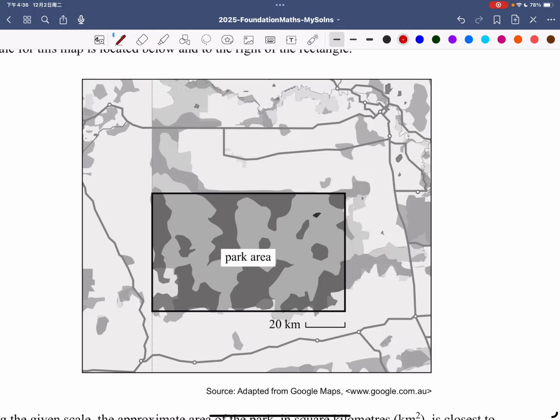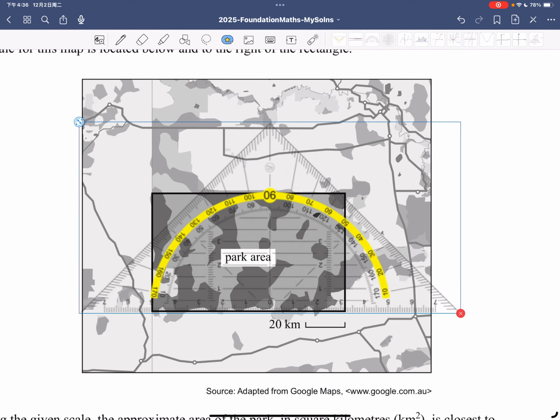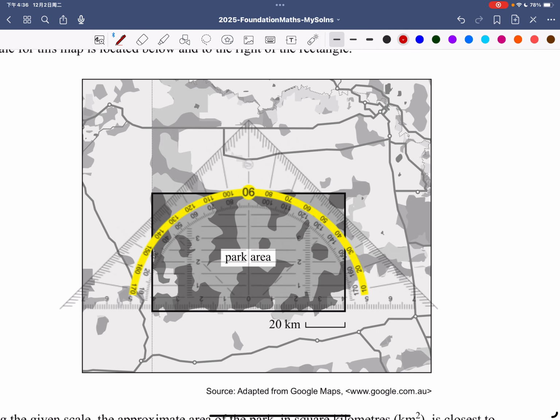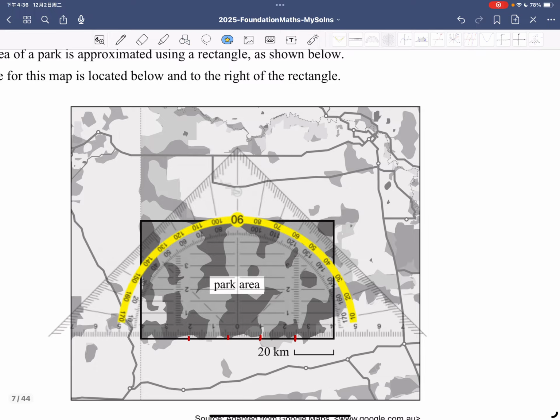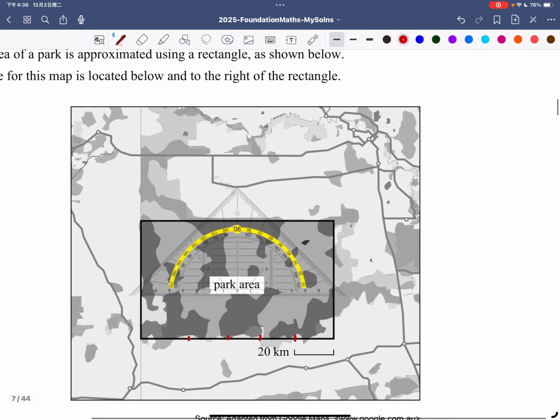For example, if you use a ruler or set square, plastic triangle, you can measure the length here and divide it into roughly 5 pieces in the horizontal direction. And then if you use roughly the same scale over there, it's 1, 2, and 3, so that's 3 pieces.